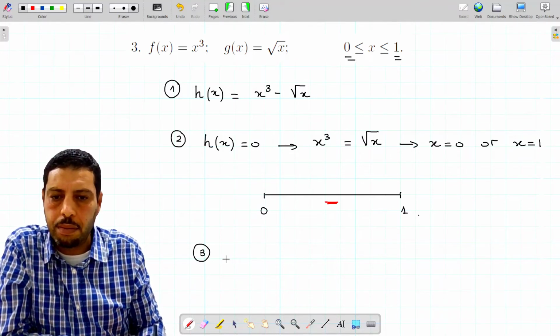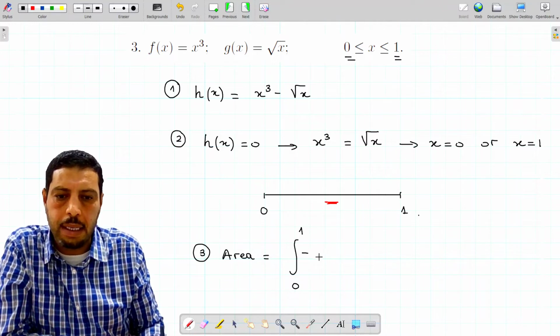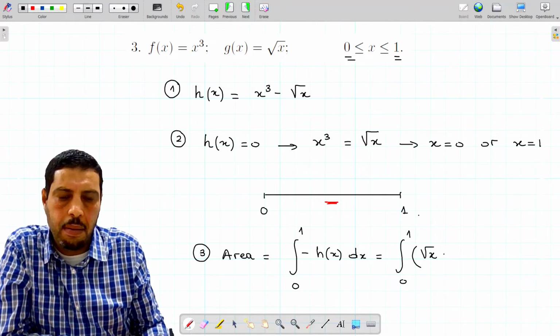and the area will be simply equal to the integral between 0 and 1 of minus h of x, which means the integral between 0 and 1 of square root of x minus x cubed dx.